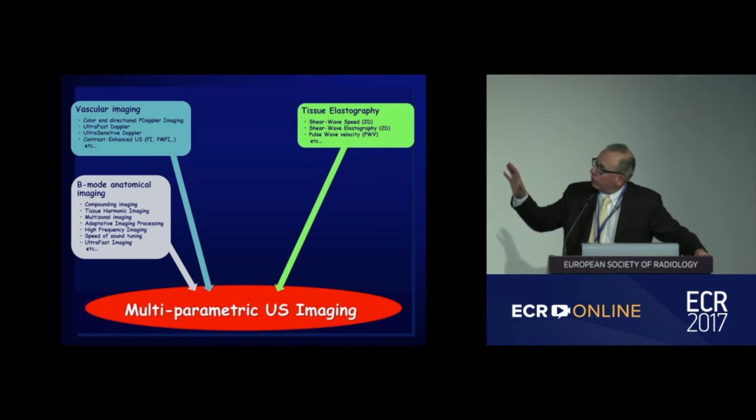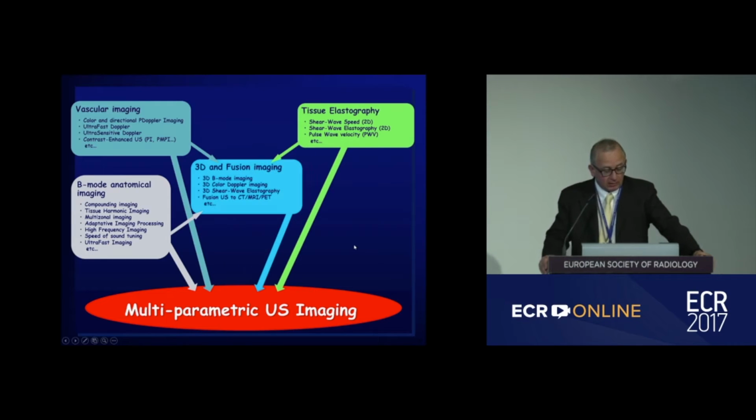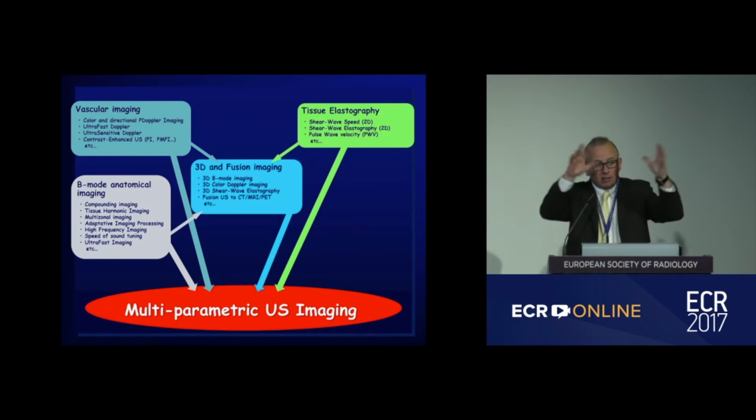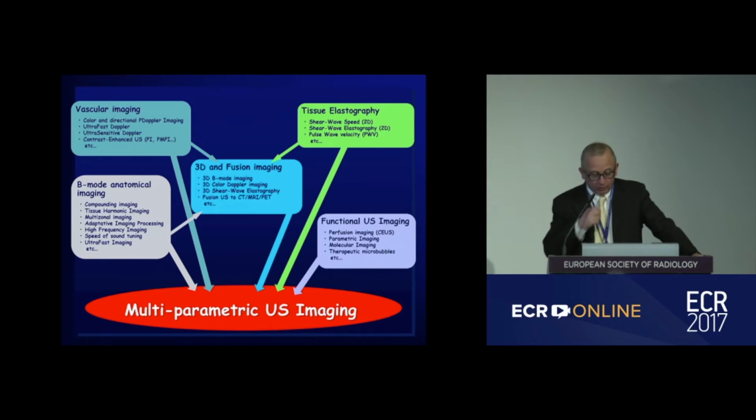Then we also have the possibility to test tissue elasticity in a non-invasive way, and this can be done with shear wave speed or shear wave elastography, but also we can use some pulse wave velocity. And basically, all these can be combined in a picture with 3D and fusion imaging, which is very exciting and probably leading in the future to functional ultrasound imaging.